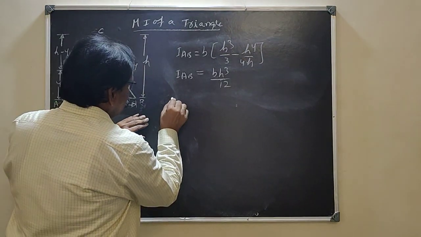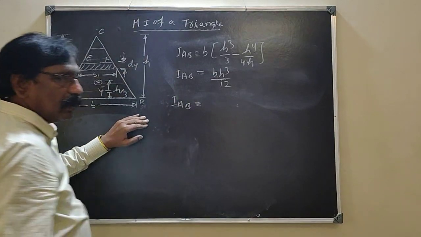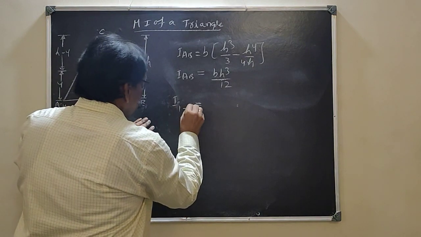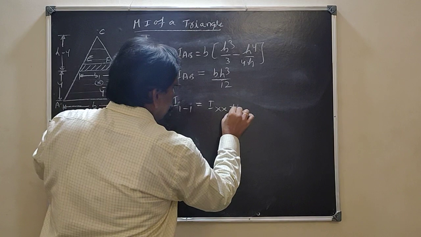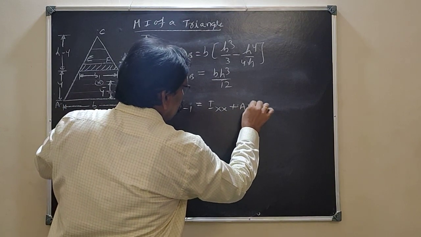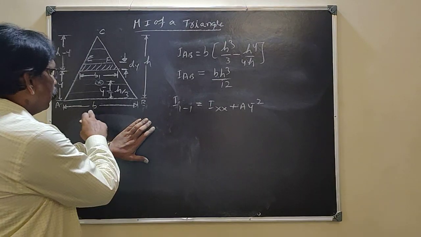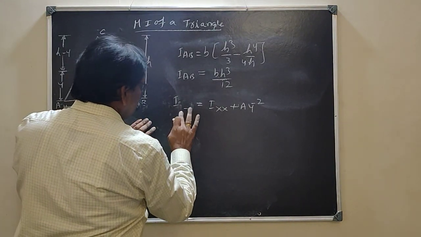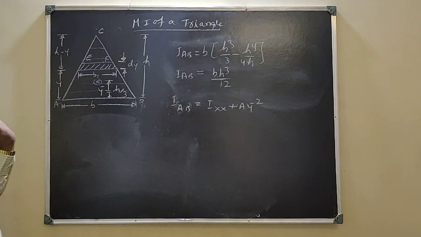By the parallel axis theorem, we know that IAB, or I11, is equal to IXX plus A y bar square. Here the reference axis is the base.